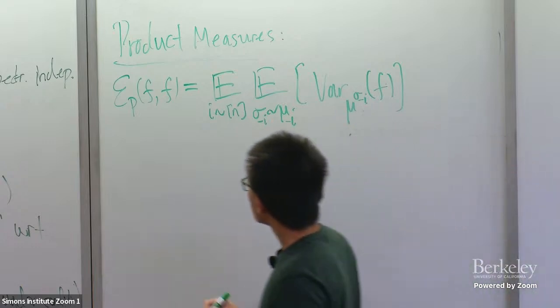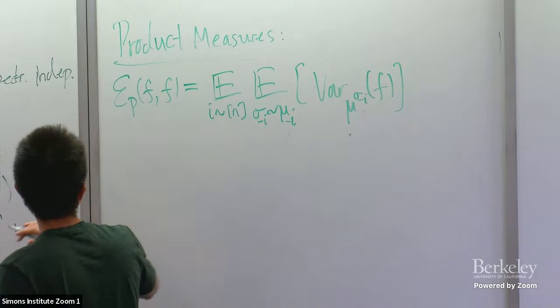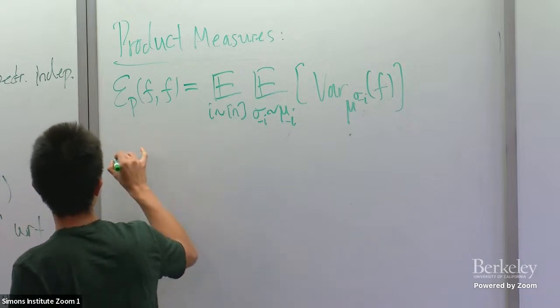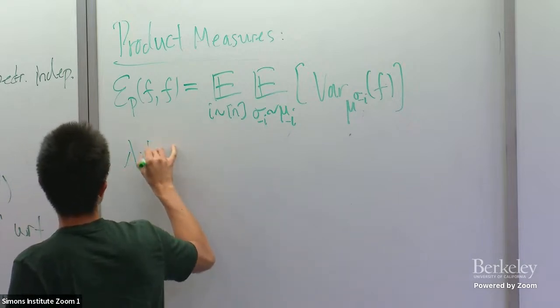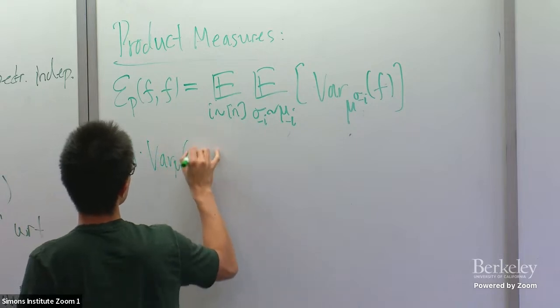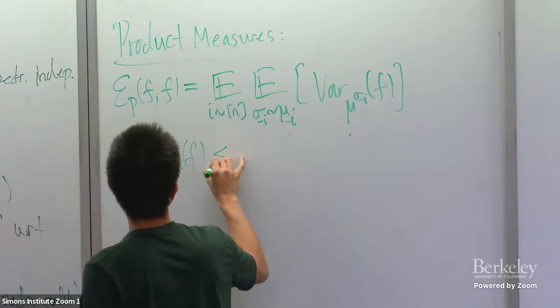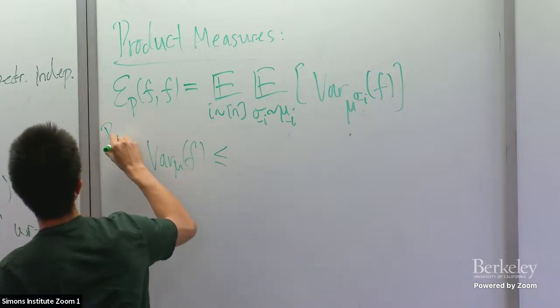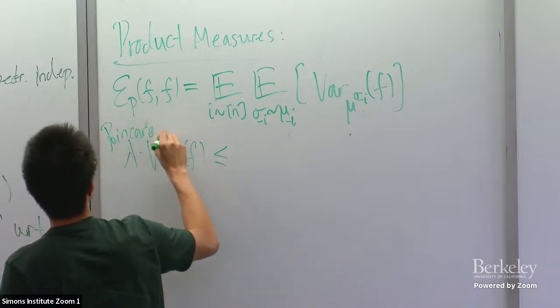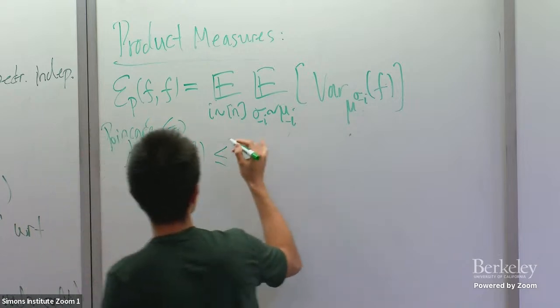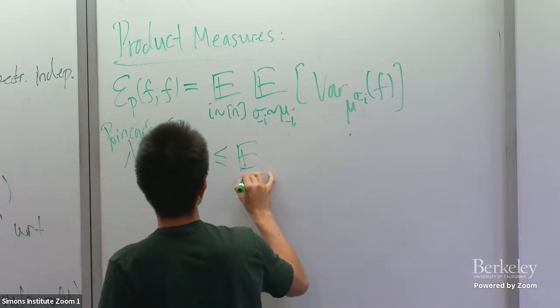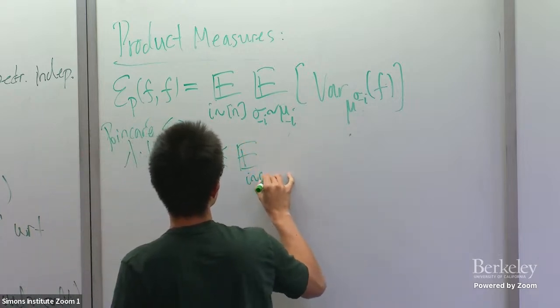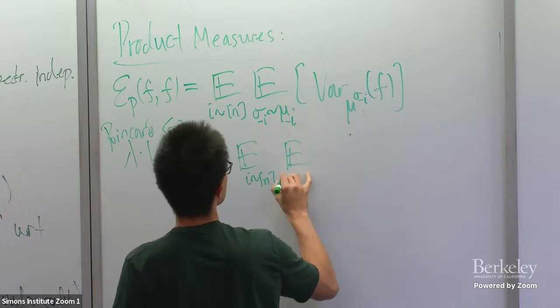So really what Poincaré means is that global variance approximately factorizes. Poincaré is equivalent to the statement that global variance factorizes.